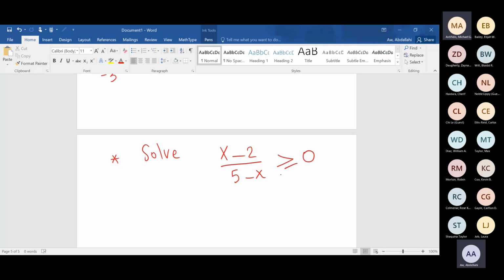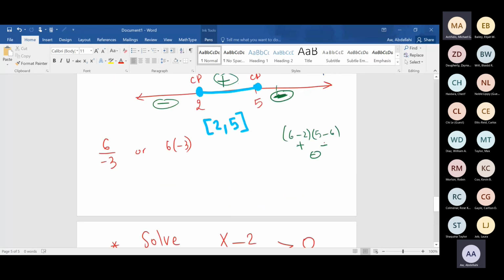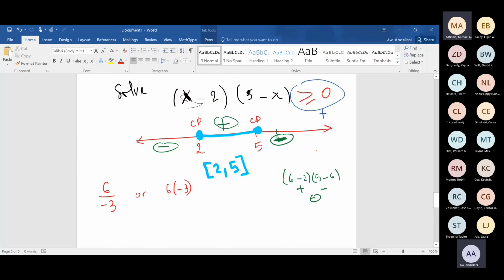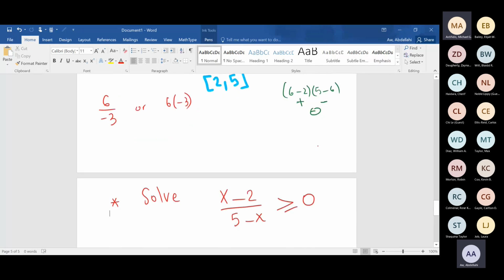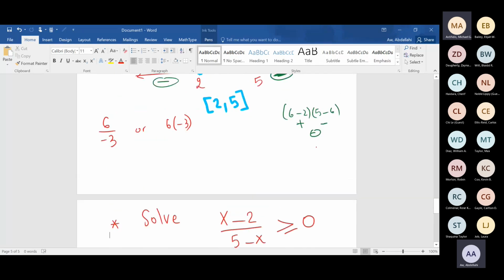We agree with that? Before we even do the math, what is going to be the only difference between the two solutions that we can anticipate? What could be the only difference? Can somebody tell me?